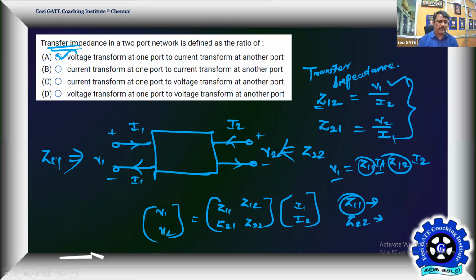It's about current and voltage, so it's a voltage to current relationship only. Current transform at one port to voltage transform at another port is nothing but transconductance. It's not transimpedance. Like gm is called transconductance, we have a name, but for transimpedance we don't have a special name. So we take Z12 and Z21. So the right answer is option A.